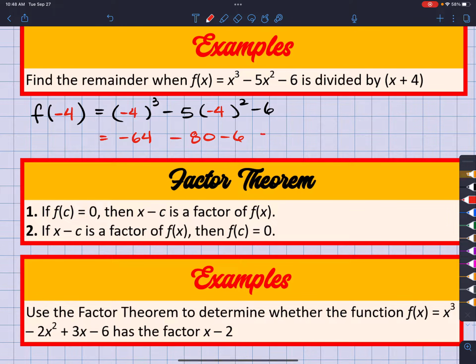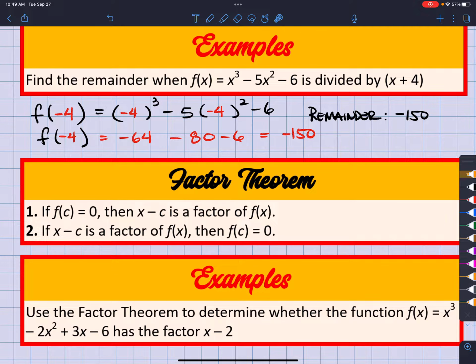And this is going to give me a negative 150. So since f of negative 4 is negative 150, that means my remainder is going to be negative 150.